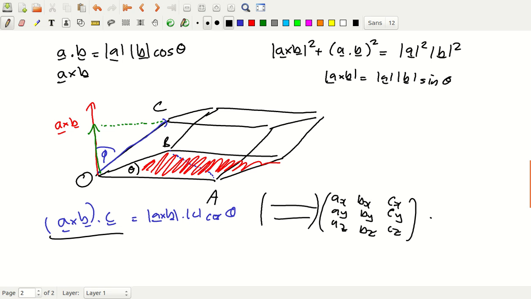So if I want to get in my multiplication some zeros here and here, I need to have the first row in this matrix as perpendicular to column B and column C. So that's easy.